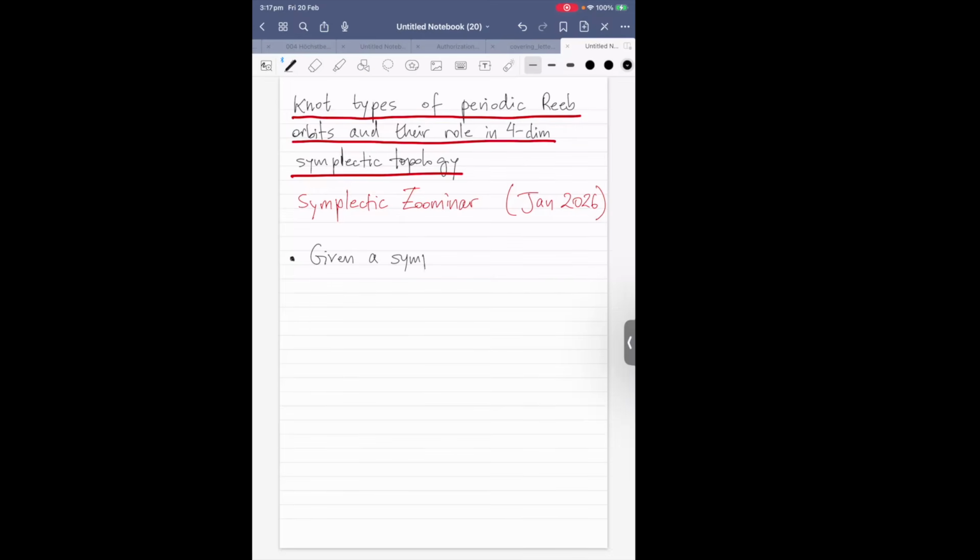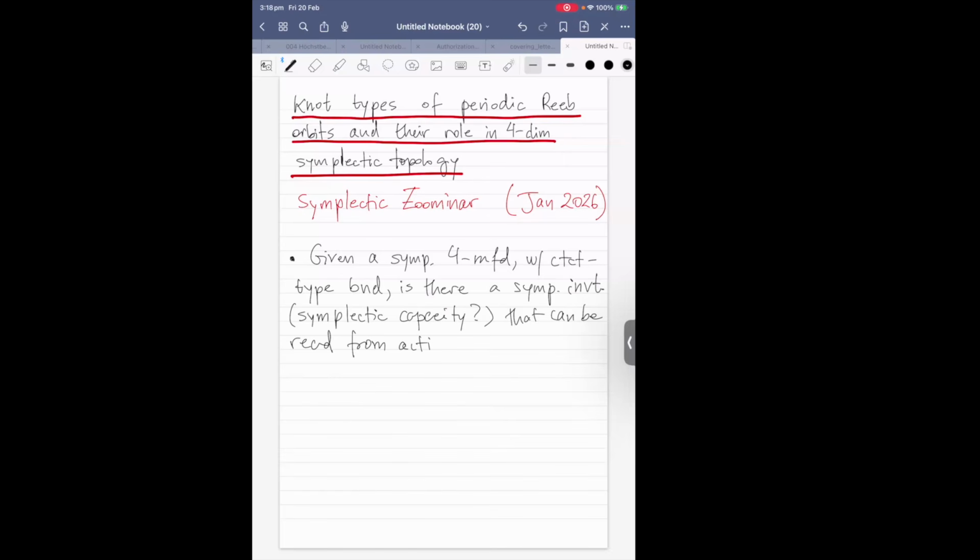Given a symplectic manifold, say with contact type boundary, is there a symplectic invariant, for instance a symplectic capacity, that can be read from actions of links of boundary characteristics with special properties?